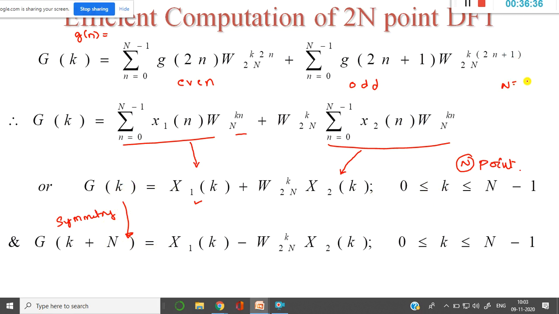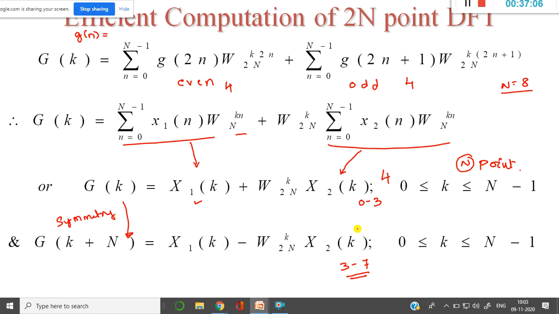Assume if your n value is 8, here 4 values and here 4 values are going to be separated. Then once again g of k is going to be a 4-point sequence. You will get 0 to 3, and the next 4 to 7 values are obtained by g of k plus n.